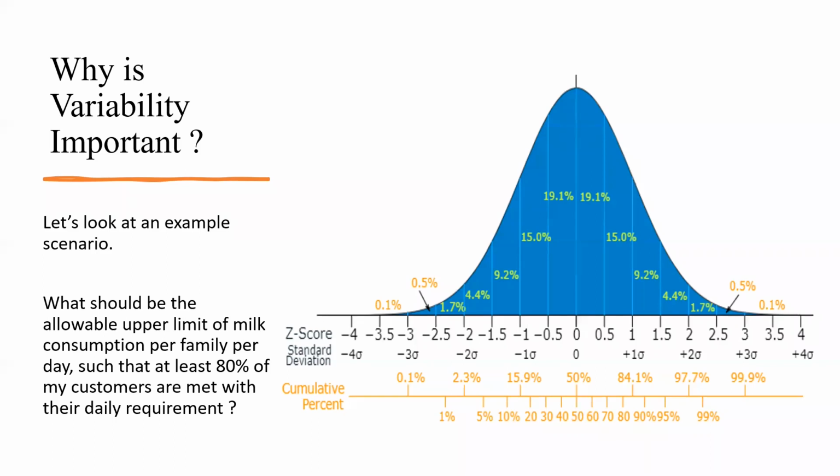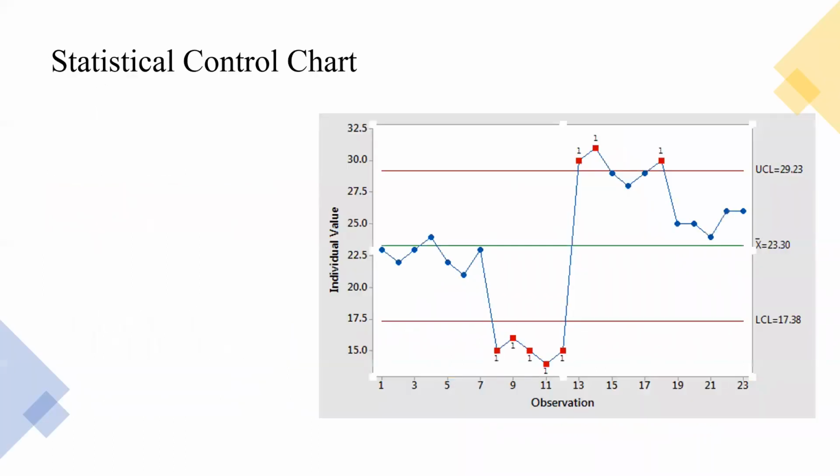That sort of analysis is called statistical control analysis, and it can be monitored using something we are all familiar with, a statistical control chart. This is also very much about the same.